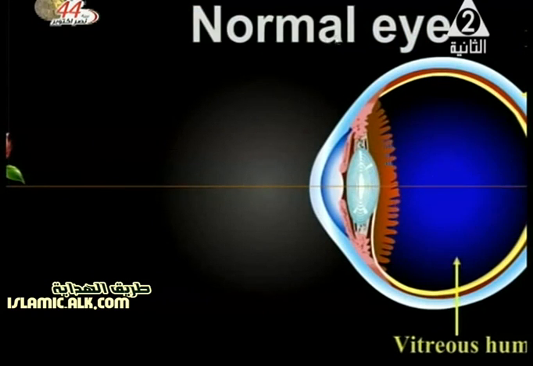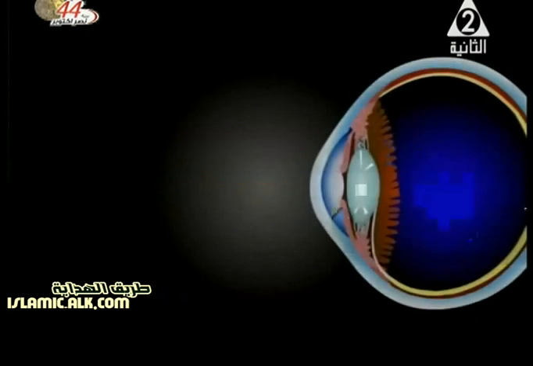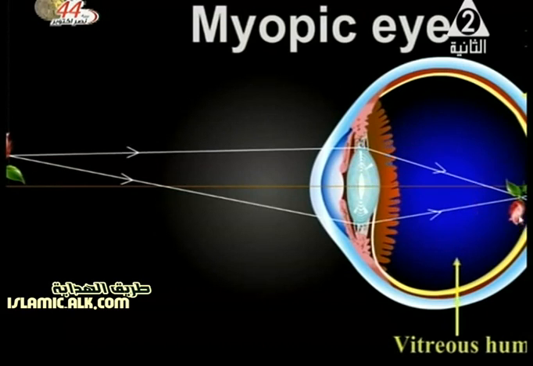But in a normal eye, the image must be formed on the retina as follows. These are the reflected light rays which are refracted, and the image is formed on the retina. But in short-sightedness, the image is formed in front of the retina.